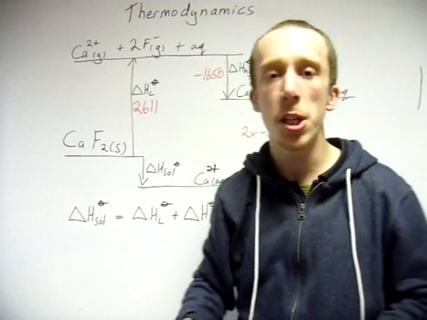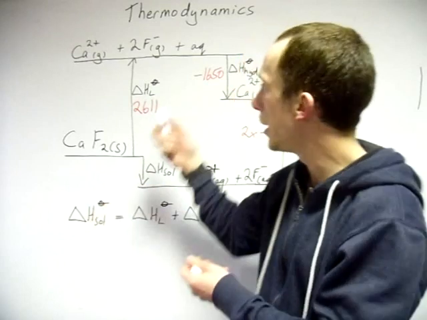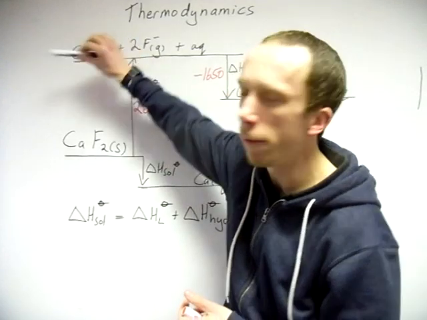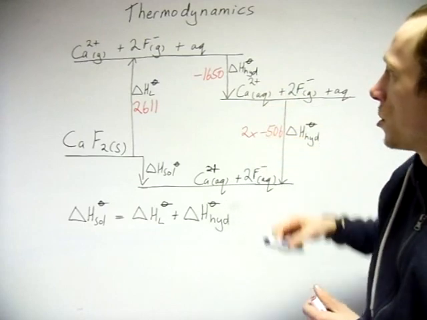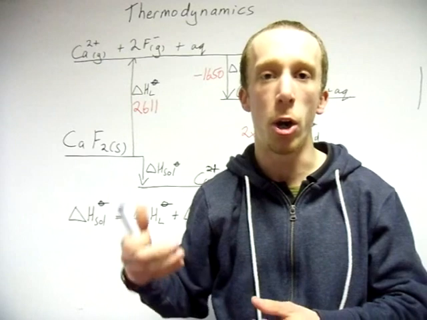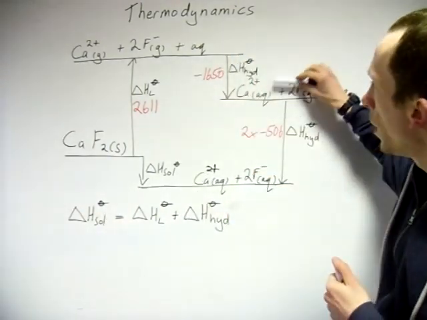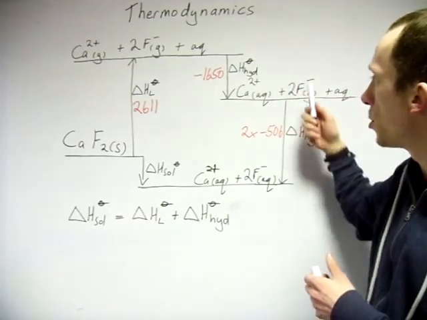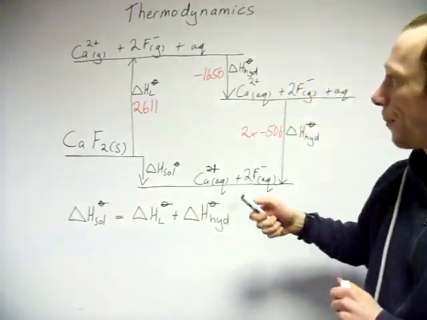You will see it's negative because they are attracted and form bonds, and forming bonds releases energy. In the enthalpy of hydration, I've gone from the calcium ion in gaseous form to aqueous across here, so water has surrounded it. It's the delta negative oxygen atom which surrounds the calcium. The fluoride has gone to the aqueous form, so it's the delta positive hydrogen which surrounds the fluoride.